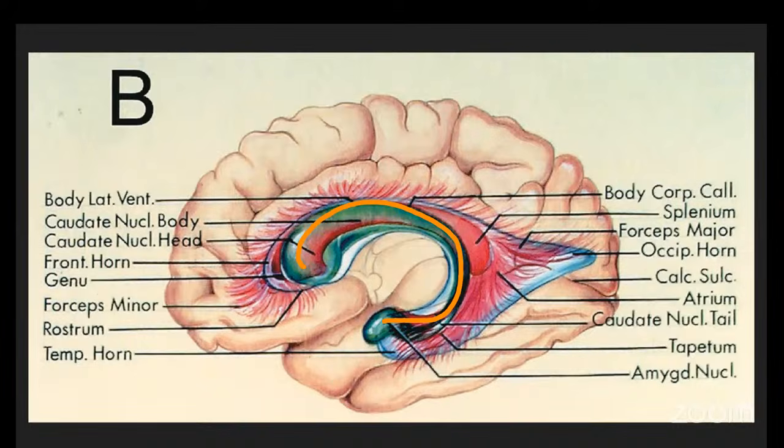So you can see corpus callosum is superior to some portion of the lateral ventricle. Then it goes slightly posterior. Then it also goes superior to, what is this portion? Temporal horn, right? So it's going to contribute to the roof of the temporal horn.